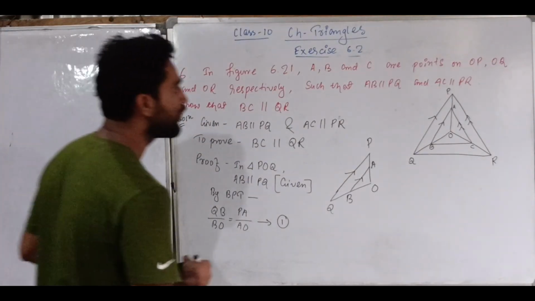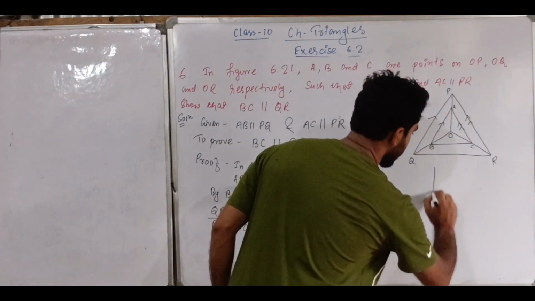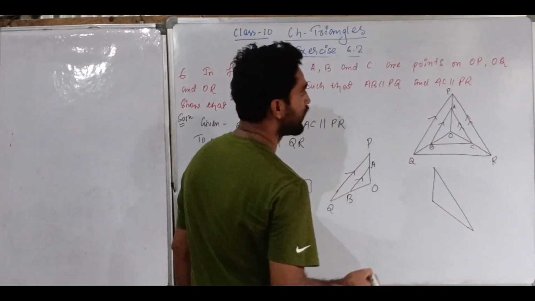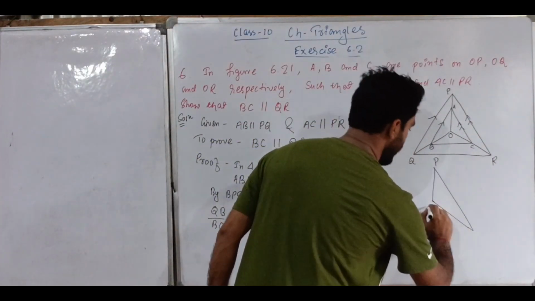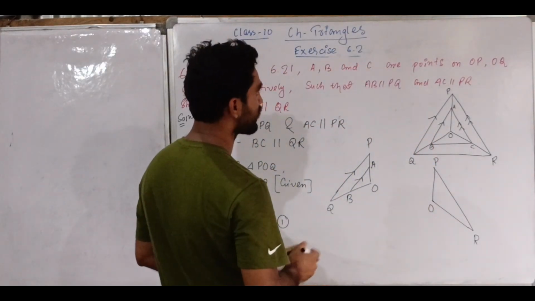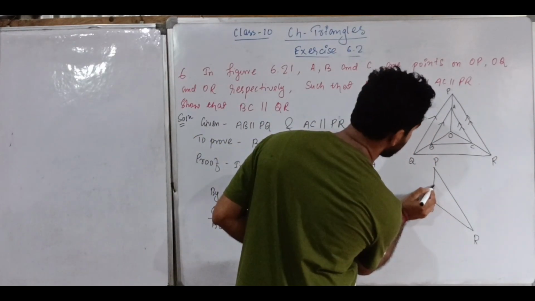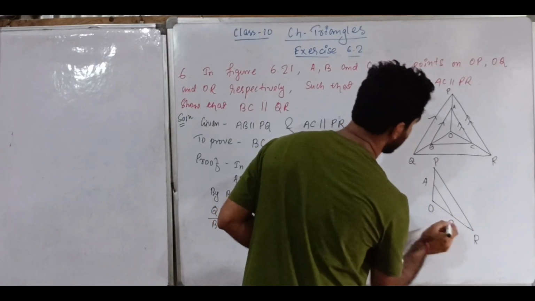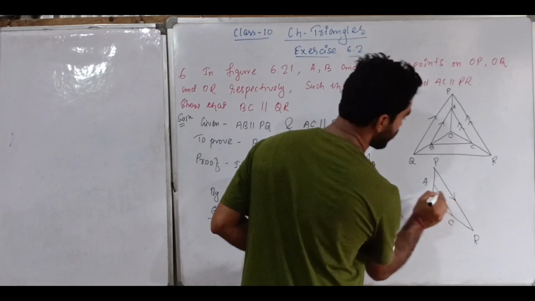Now again we can consider another triangle, that is the triangle POR. In this triangle, this line AC is parallel to PR.